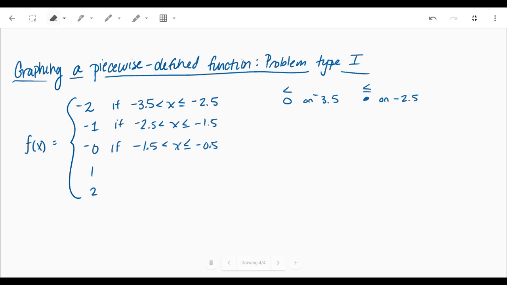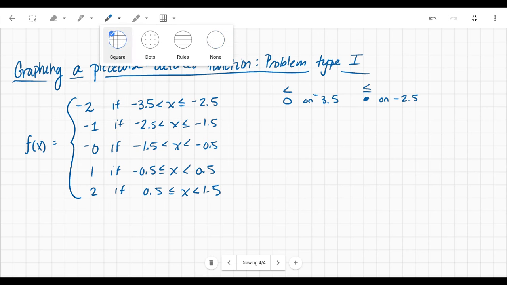Oh, I mixed it up a little bit. That one's just less than for both. And this one, -0.5 less than or equal to x, less than 0.5, and 0.5 less than or equal to x, less than 1.5. Okay, so get my grid going here.